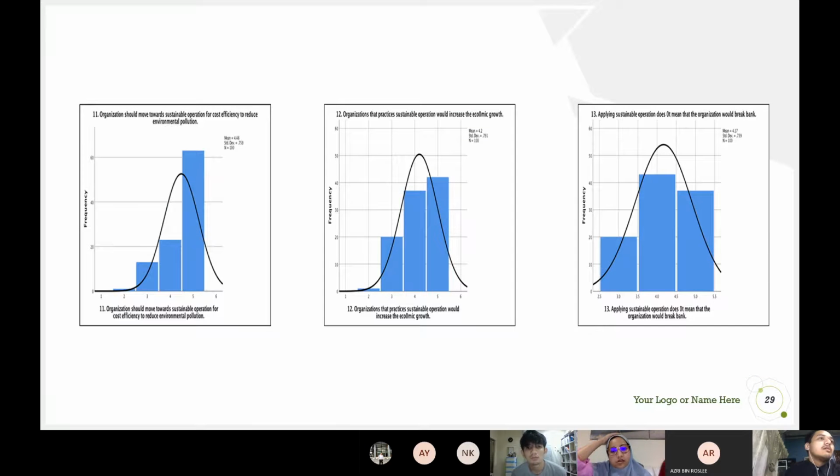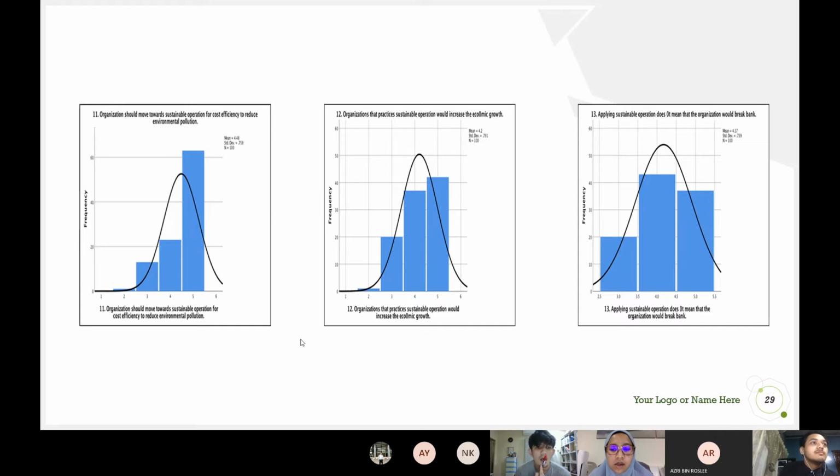Okay. There are 3 questions that relate with the benefit of sustainable operations. The first question, that is question number 11.